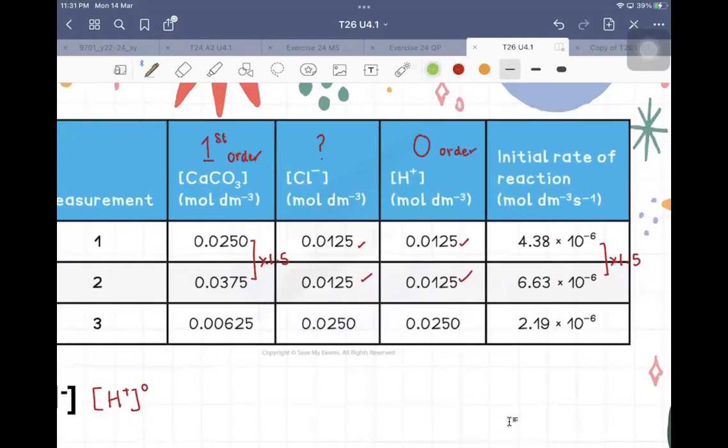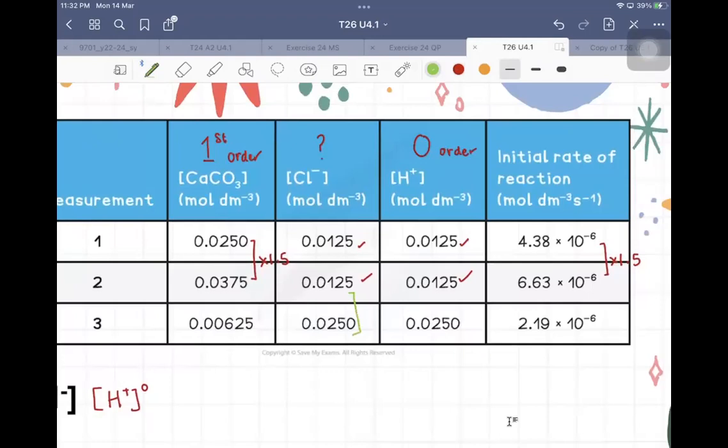So I'm going to use a different color now. If I want to study the increase in concentration of chloride, I will take these two equations.